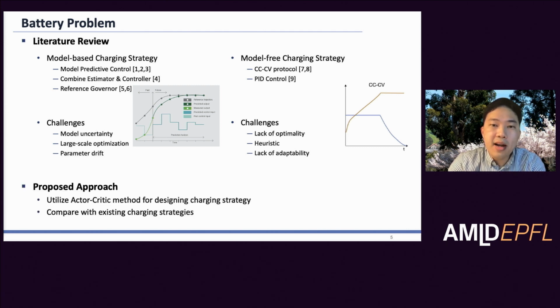So this motivates us to use reinforcement learning, especially the actor-critic method, for designing charging strategies. And in this talk, you can see how this learning-based control can be comparable to the existing control strategies, such as model-based and model-free charging strategies.